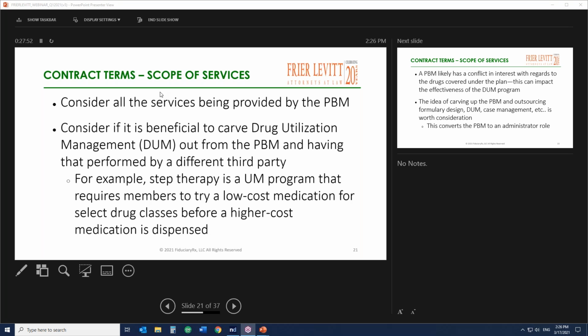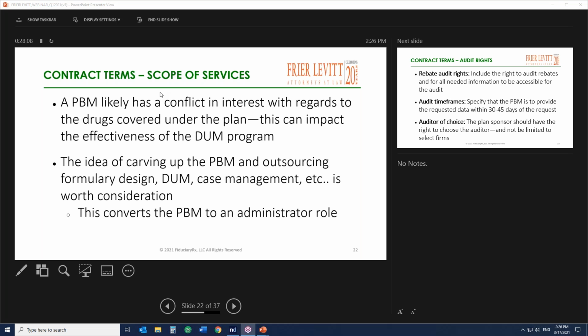Moreover, having a clear scope of PBM services allows plan sponsors to carve out services such as drug utilization management that can be delegated to third parties other than the PBM itself. Why? Because PBMs may likely have a conflict. The largest insurers, PBMs, and specialty pharmacies have now combined into vertically integrated organizations.